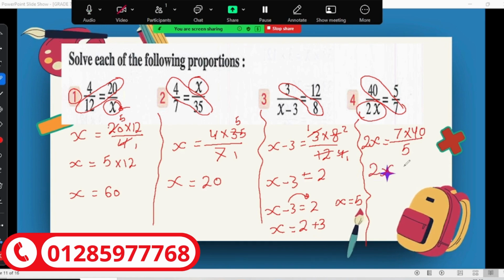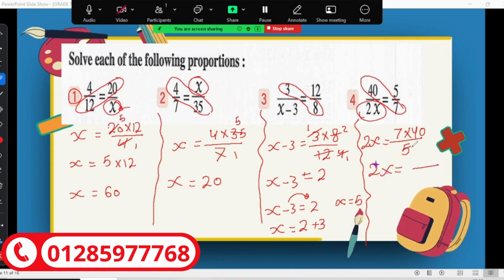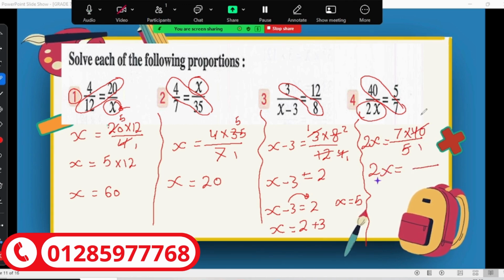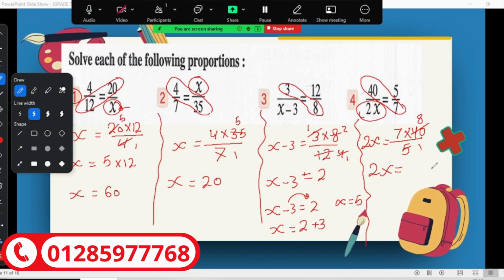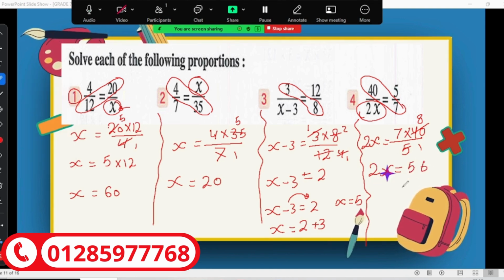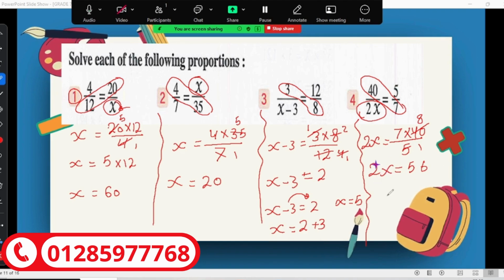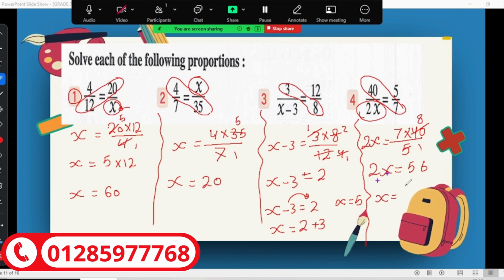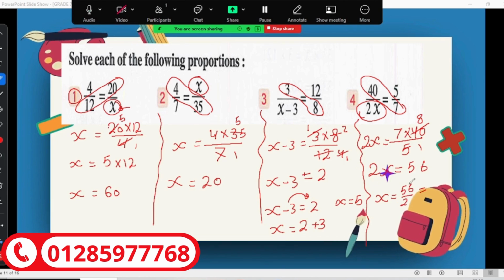Dividing 40 by 5 equals 8, so 7 times 8 over 1. 7 times 8 equals 56. 2x equals 56. So x equals 56 divided by 2 equals 28.